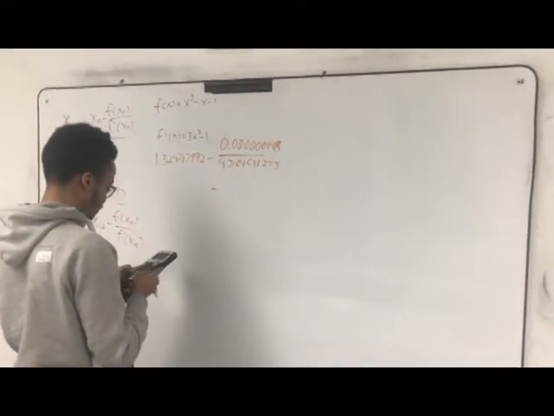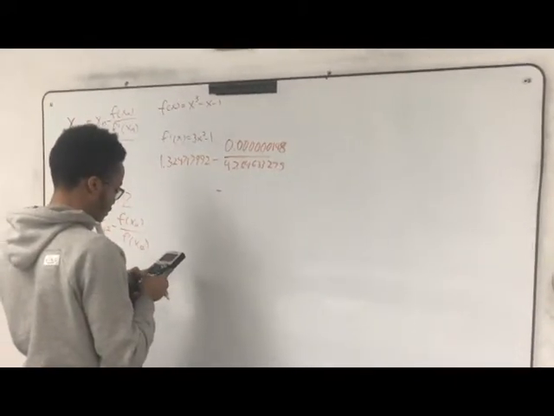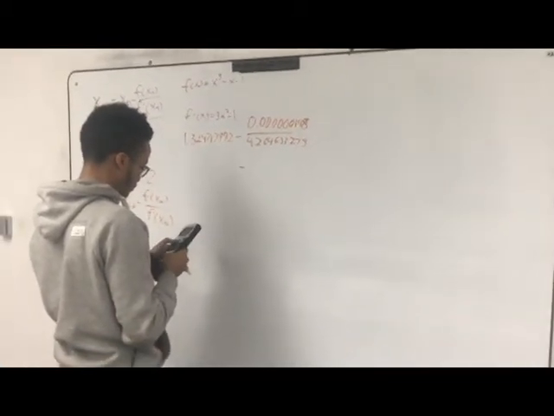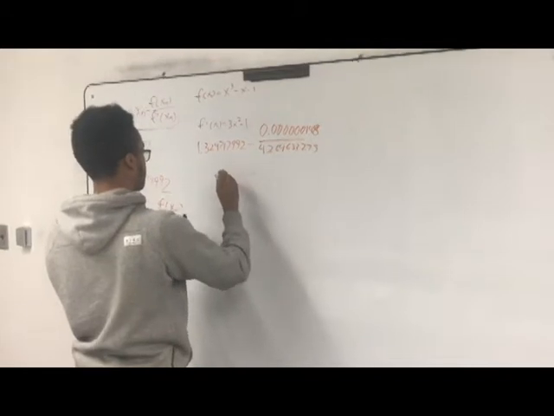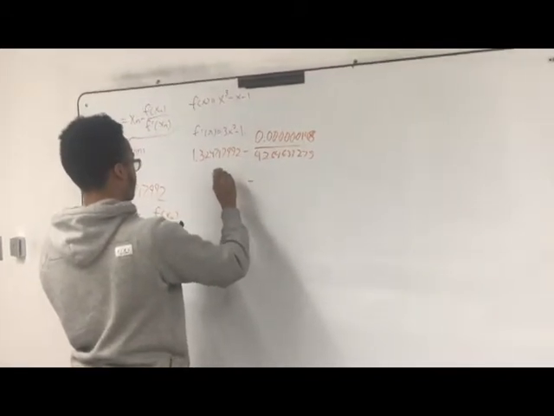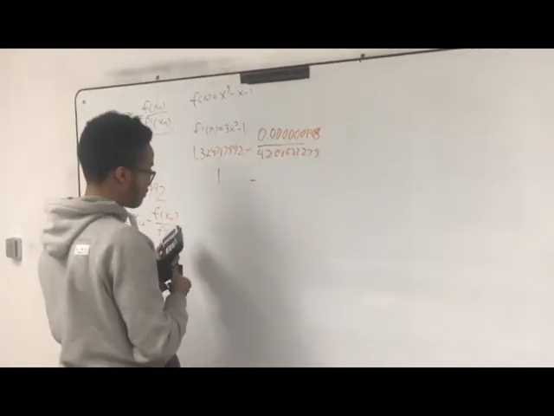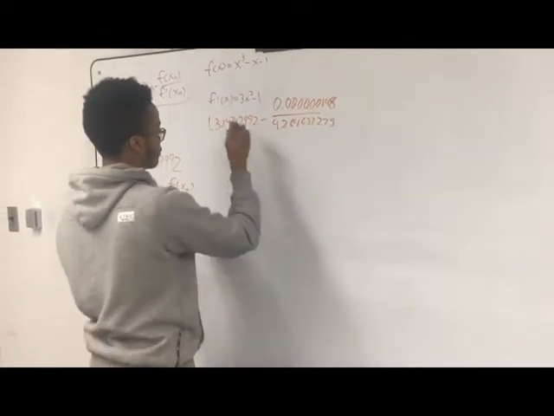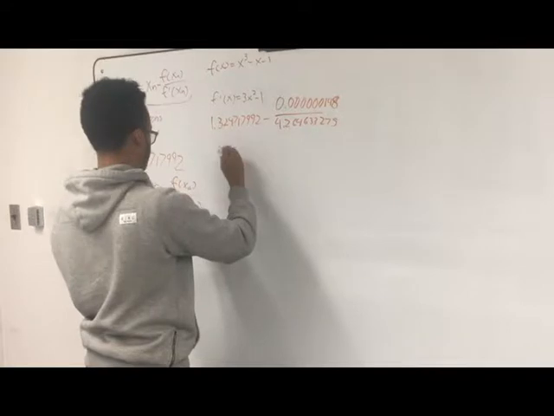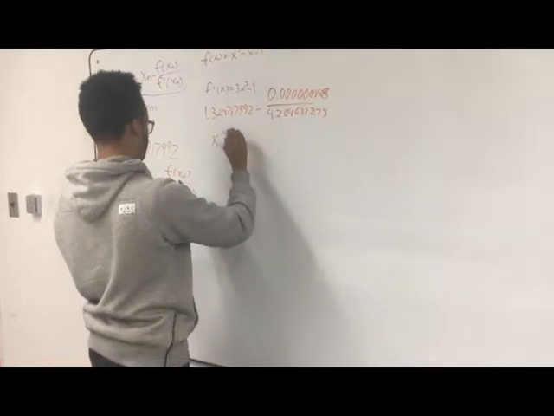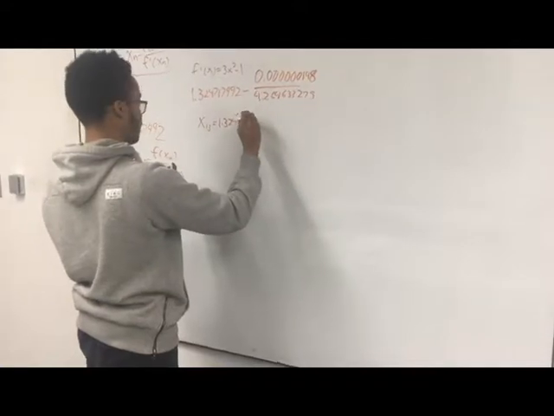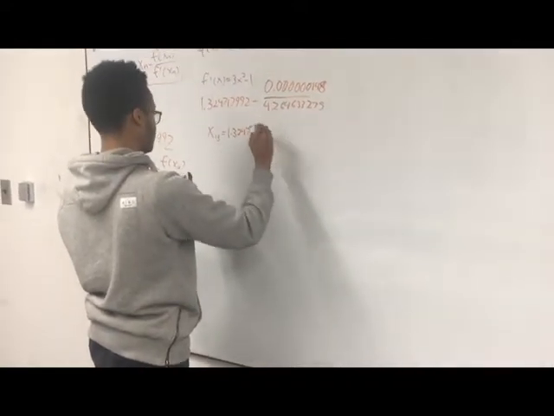But when we subtract it from 1.342717992, we get 1 point. We subtract it from here, we have x13 equals 1.324711796.